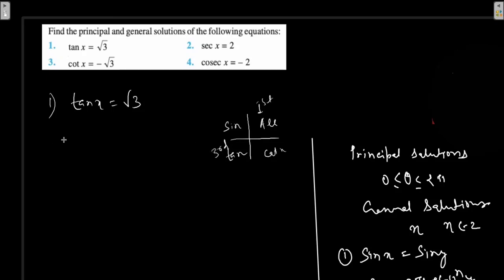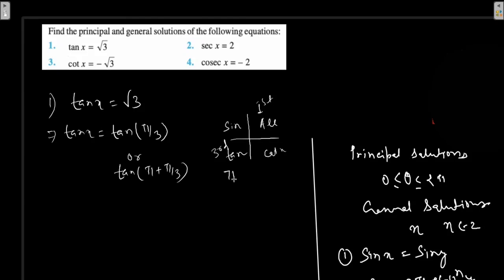So what would be my first value? We know that tan x equals tan of pi by 3, 60 degrees. This is one of the values. Or what if I just add pi to it? The next value will be tan of pi plus pi by 3, which is tan pi by 3.